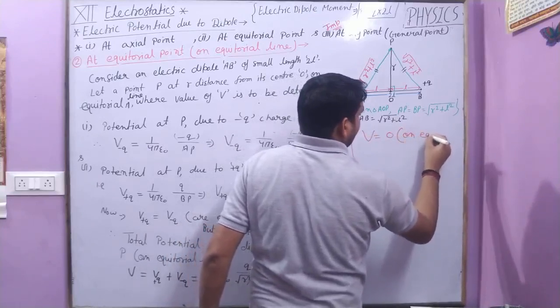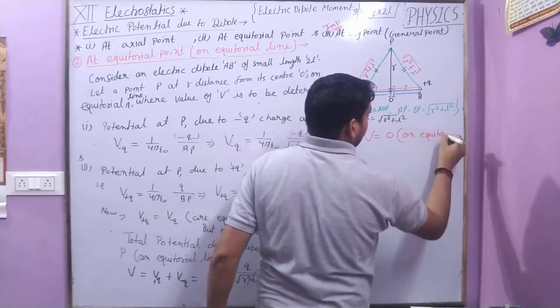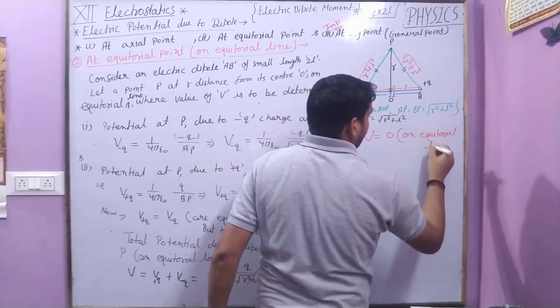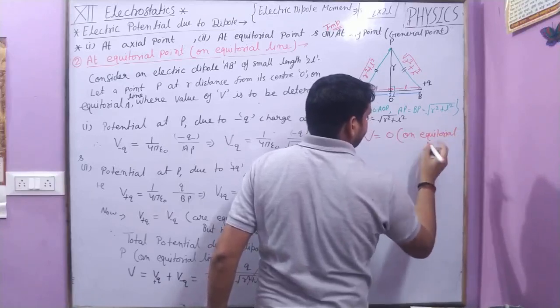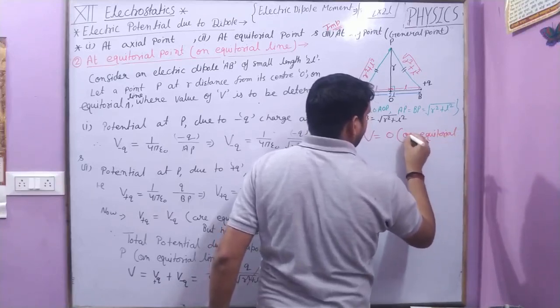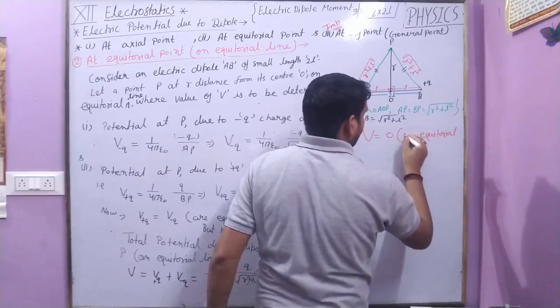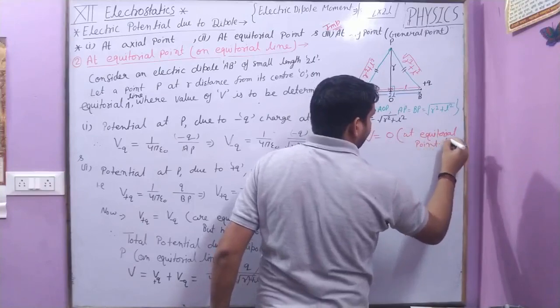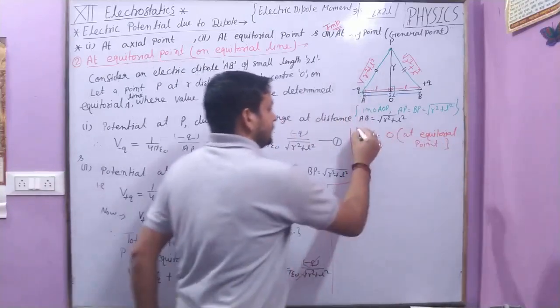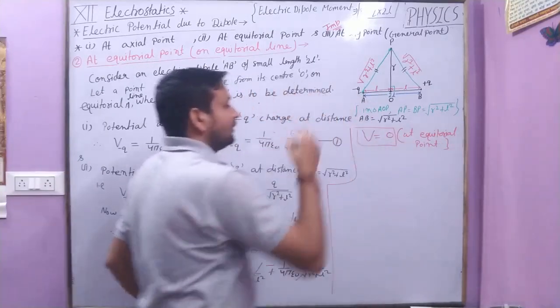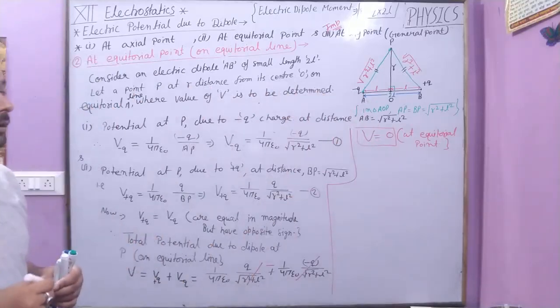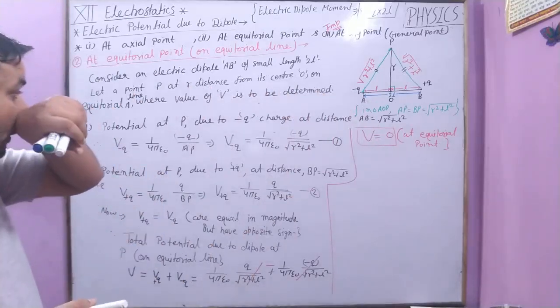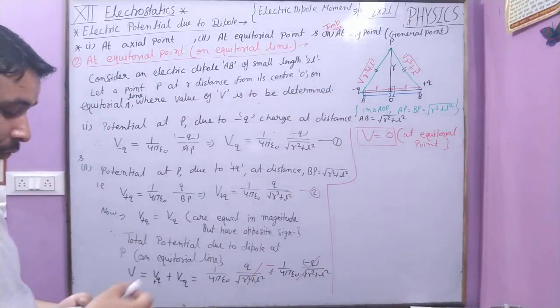on the equatorial point. This is the expression for electric potential due to a dipole at an equatorial point.